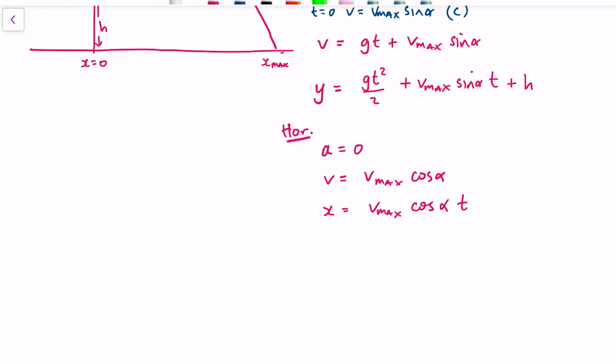So I want to maximize x. It's a differentiation type question, and the first thing I need to do is actually find an expression for y in terms of one variable.